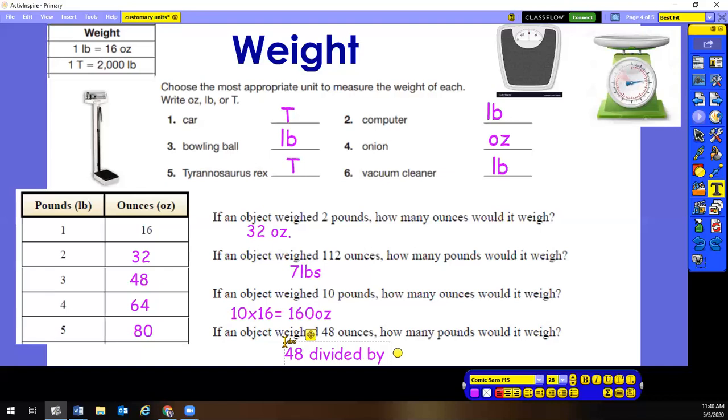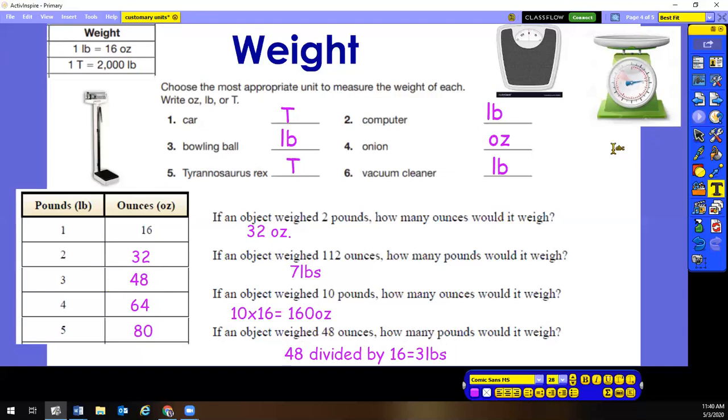Divided by what? Let's go and look. How many ounces are in 1 pound? 16. 48 divided by 16. Well, I know I can look over here at this chart and see that 3 pounds is exactly 48 ounces. So that must mean 48 ounces is exactly 3 pounds.